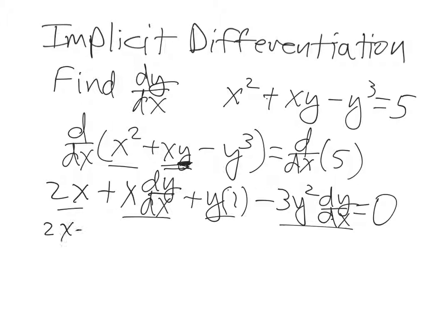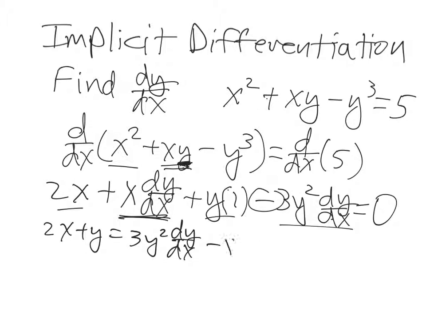So 2x plus y, add this one, and then subtract this one. So 3y squared dy by dx minus x dy by dx. Then factor out our dy by dx.